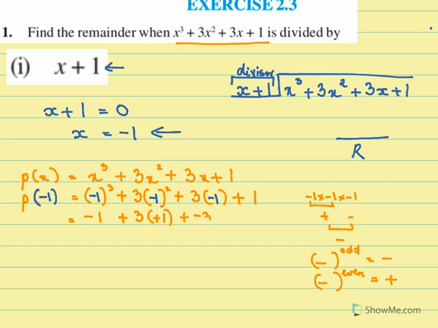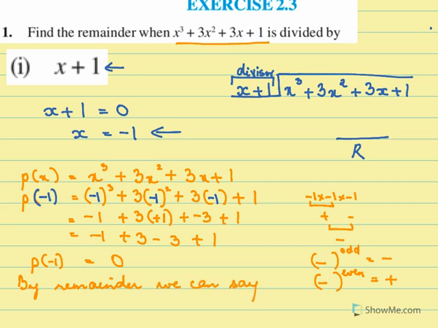3 into minus 1, minus 3 plus 1. So this is minus 1 plus 3 minus 3 plus 1, and p of minus 1 equal to 0. So by remainder theorem, we can say the remainder is 0.